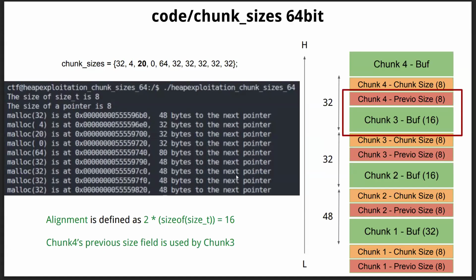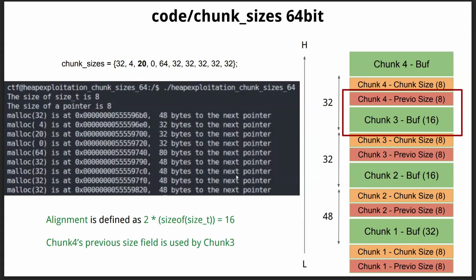What is interesting is chunk 3. For chunk 3, we ask for 20 bytes. Okay? But the distance between the chunk 3 buffer pointer and the chunk 4 buffer pointer is 32 bytes. So this is the chunk 3 buffer pointer, what malloc returns to you.